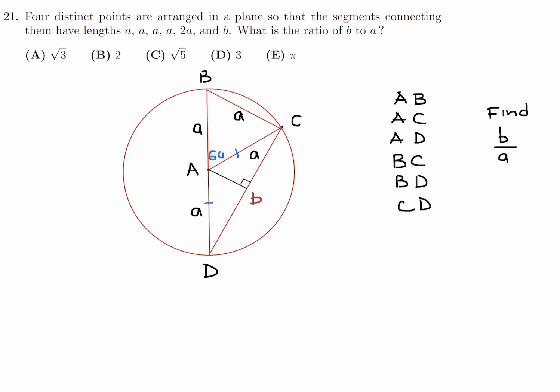Well, if this is 60, then from here to here must be 120. And this line will chop that angle in half, making it 60 and 60. And this is 90, since that was a perpendicular, so therefore this is 30. So there we go. We've got a 30, 60, 90 triangle.